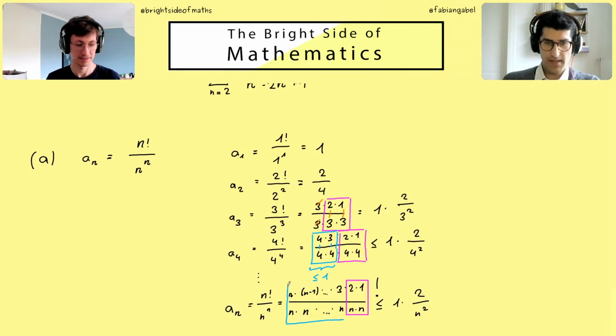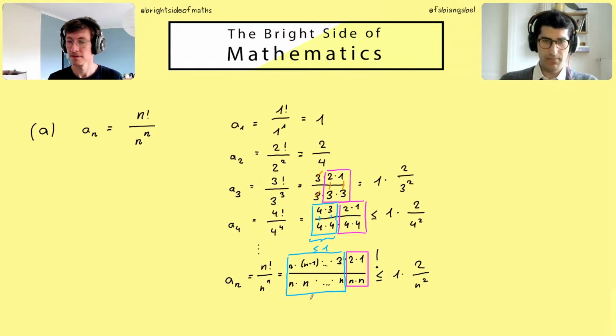So this will be n minus 2 factors that we can once again, as above, estimate by 1. So this will give me this 1 here. And we have these 2 factors, 2 times 1 over n times n, which gives me 2 over n squared.